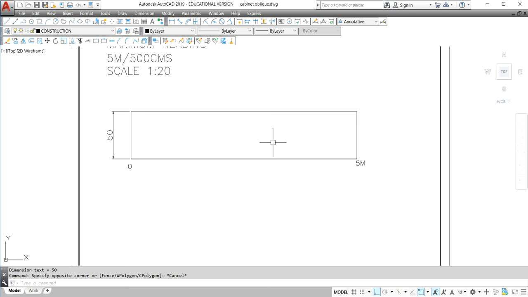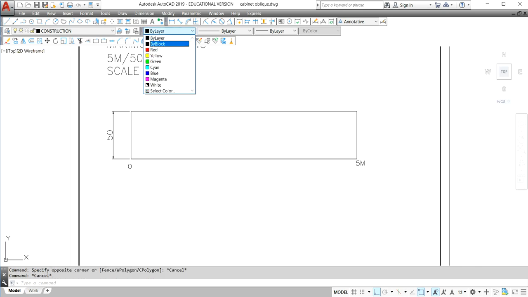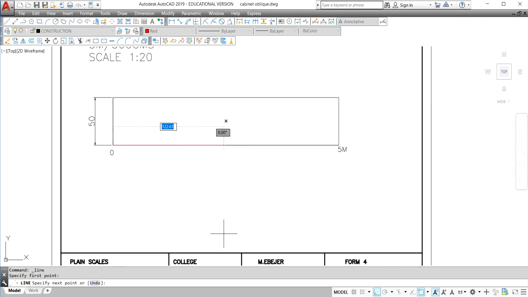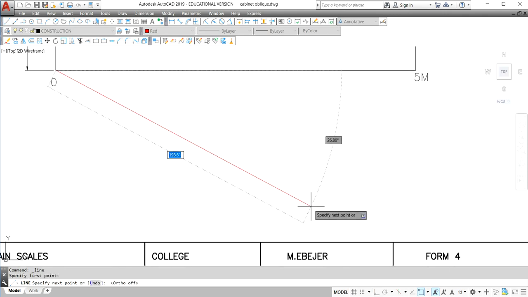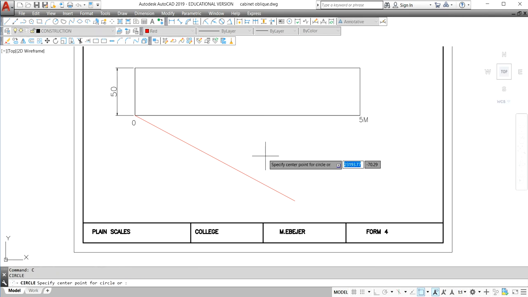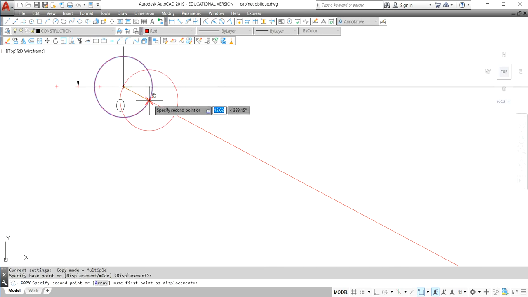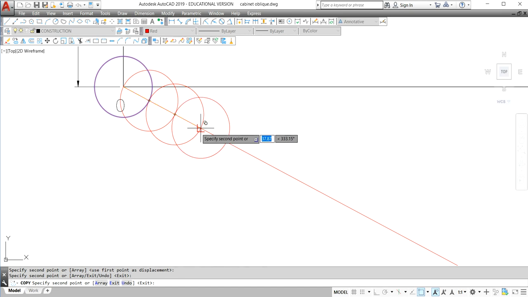So the best thing we do here, since the maximum reading is 5 meters, is to divide it into 5. We're going to use division of a line. On the division of a line, we're going to do 5 measurements with the compass. Open the compass as much as you want, and do 5 divisions.